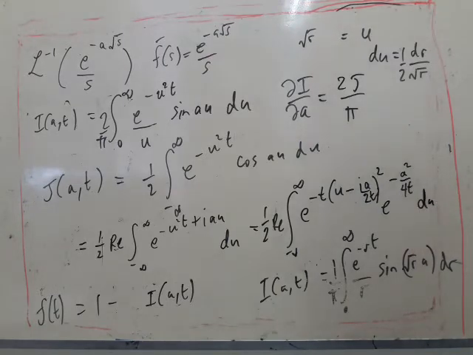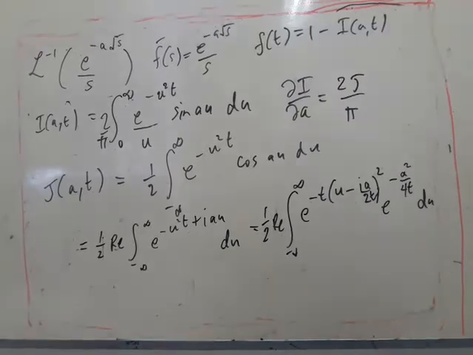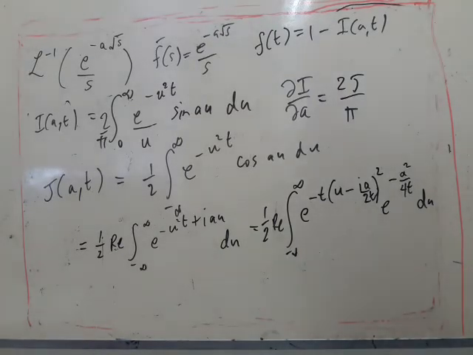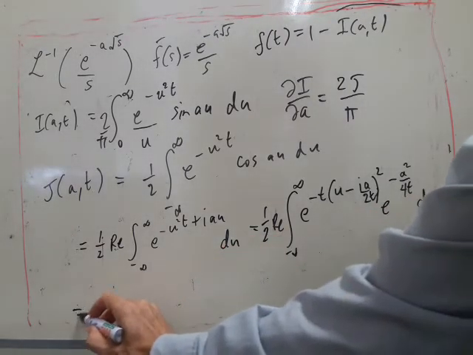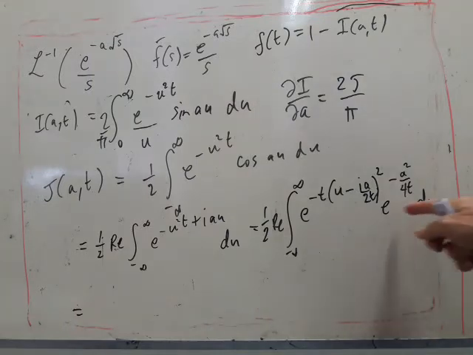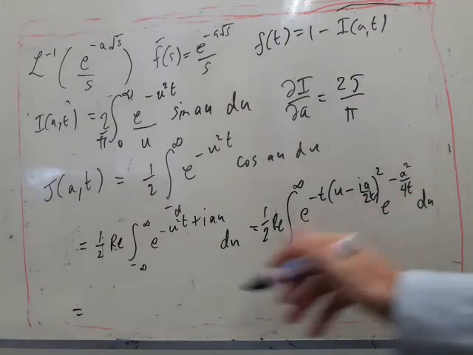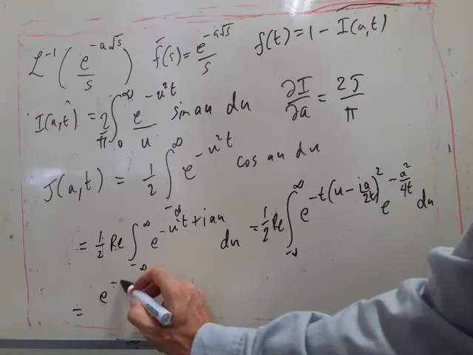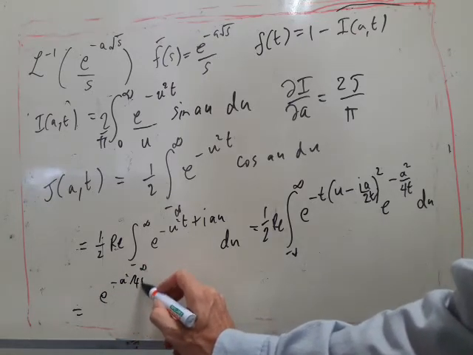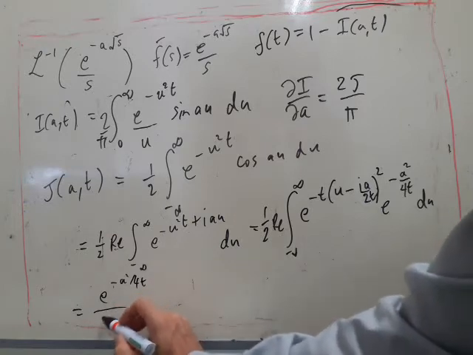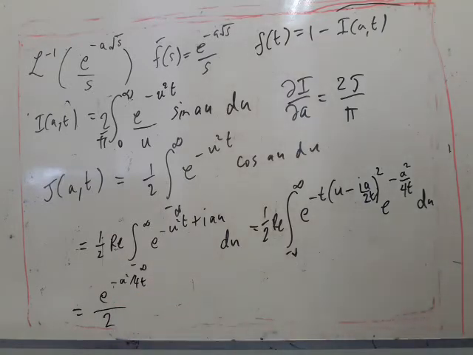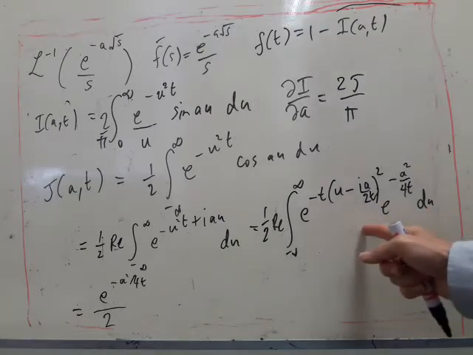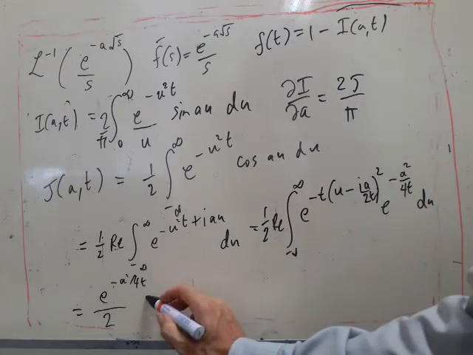du. Okay. So this I can take outside. So I've got e to the minus a squared over 4t over 2. And then that just leaves me with this integral here.